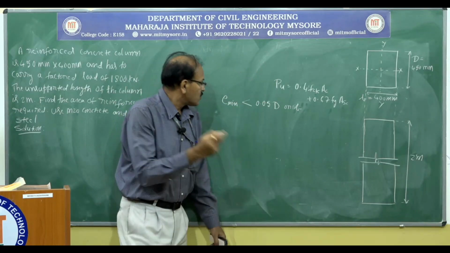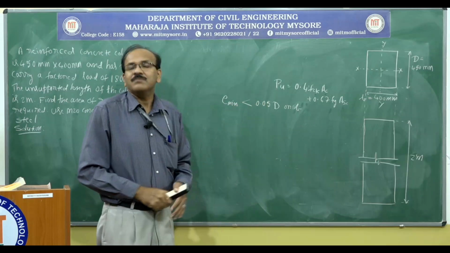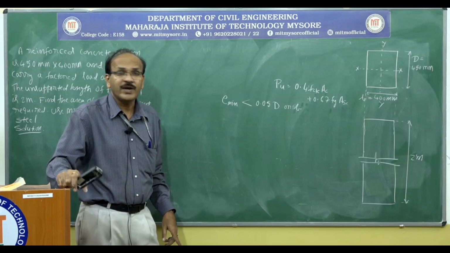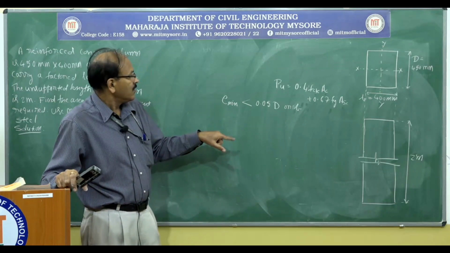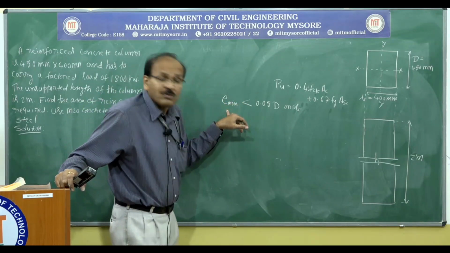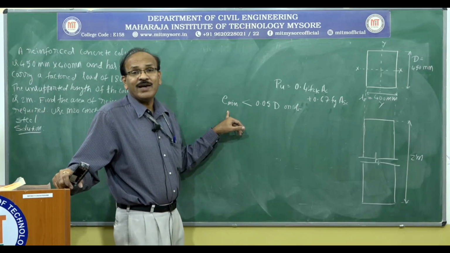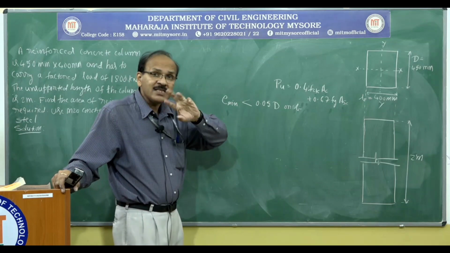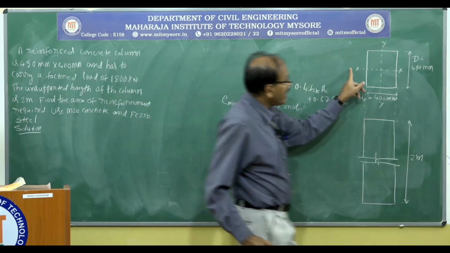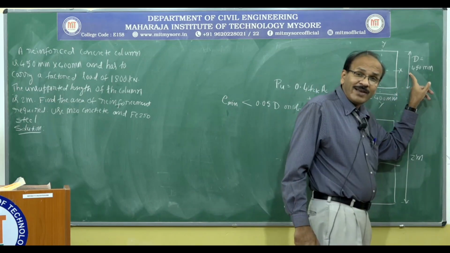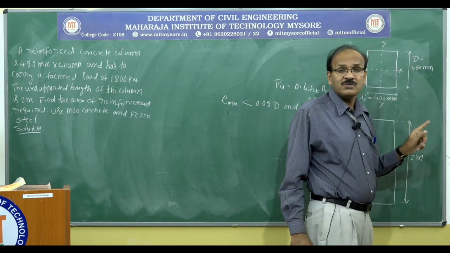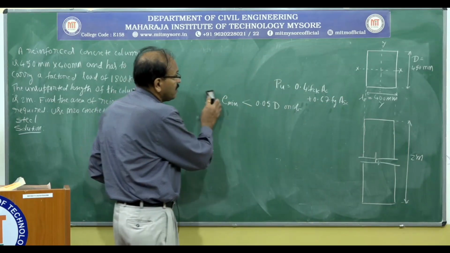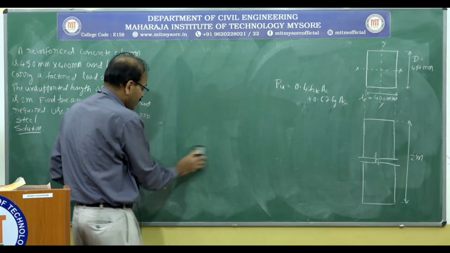Okay. So only under this condition we can make use of this formula. Okay. Next, we need to find out what is the E minimum value, that is the minimum eccentricity. So E minimum changes whether we are taking the column bending about x axis or y axis. Okay. So once we start solving the problem, you will realize what I am saying.